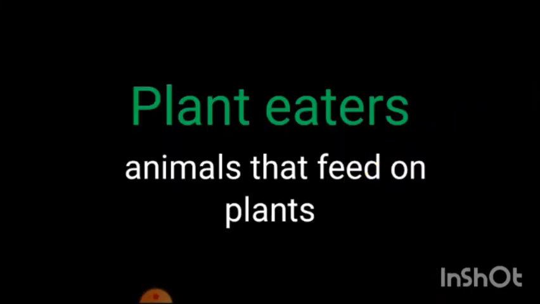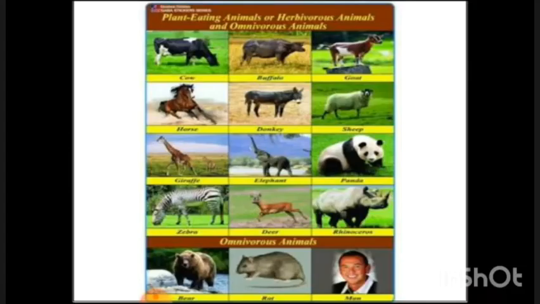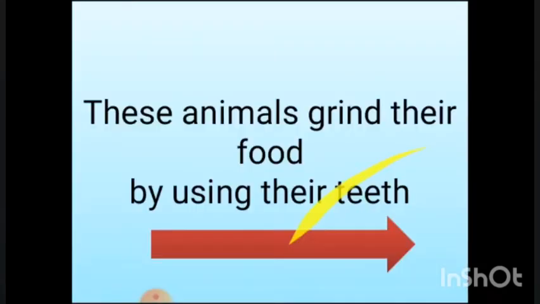Plant eaters, animals that feed on plants, like horse, cow, buffalo, goat, zebra, giraffe, panda. They all are plant eating animals because they depend on plants. These animals grind their food by using their teeth.